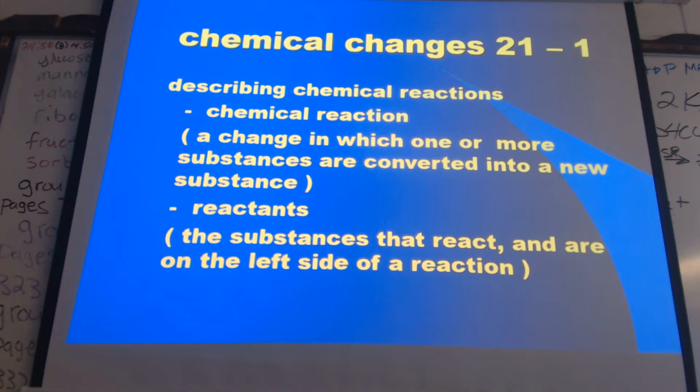In other words, if someone tells you something that you don't like and they decide to slap you in the shoulder, you had reacted to that. So when one substance interacts with another, that's what is meant by a reactant, because it's in a reaction.